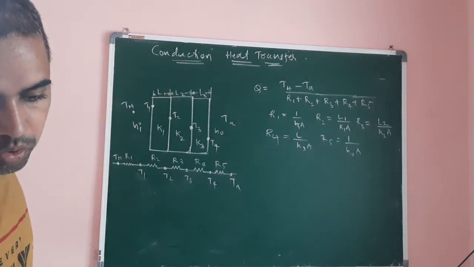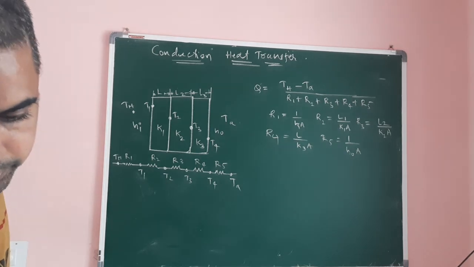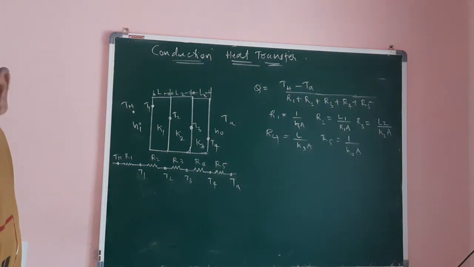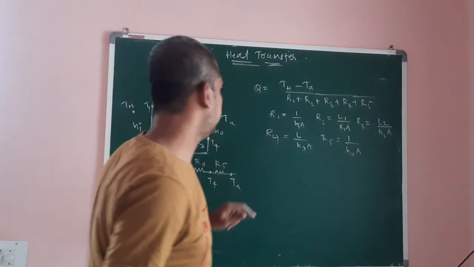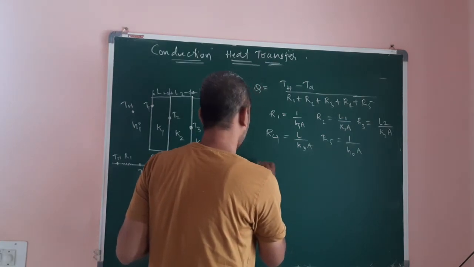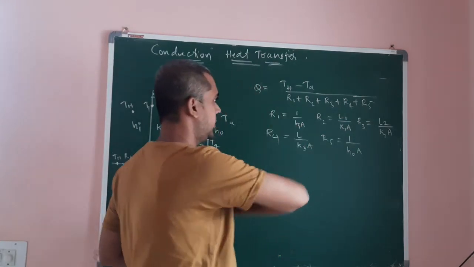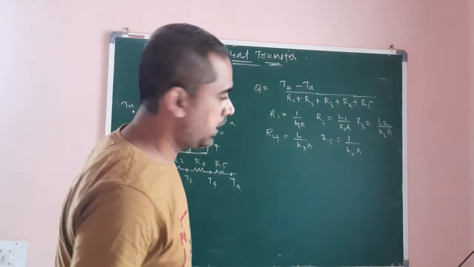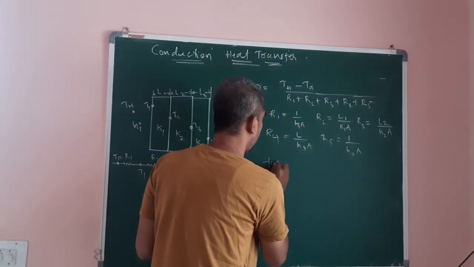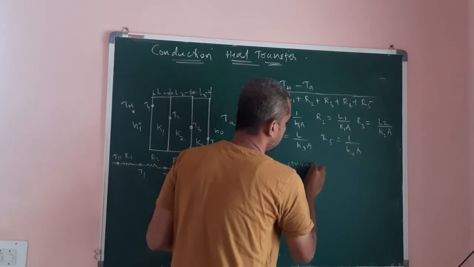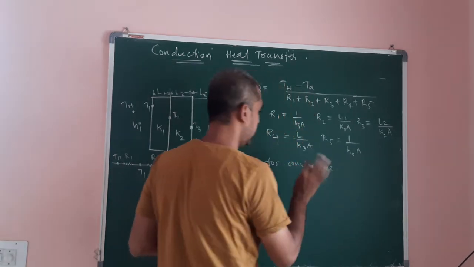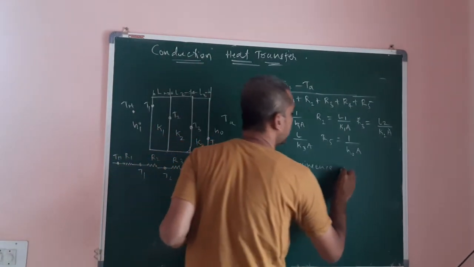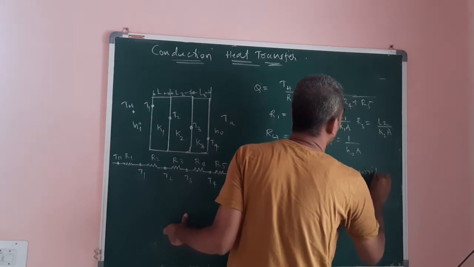What will we do here? The summation of all these R's, we will take as the overall heat transfer coefficient. For our convenience, we write a term called the overall heat transfer coefficient, U. What is that U?